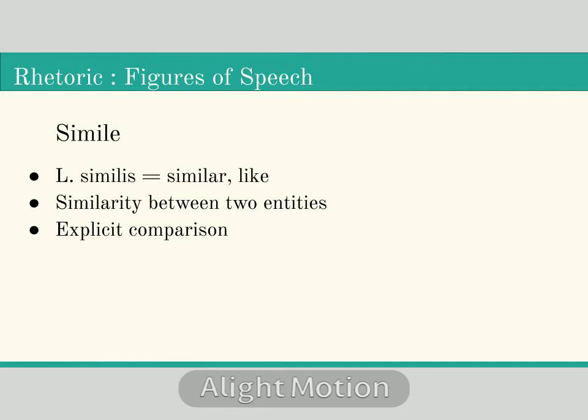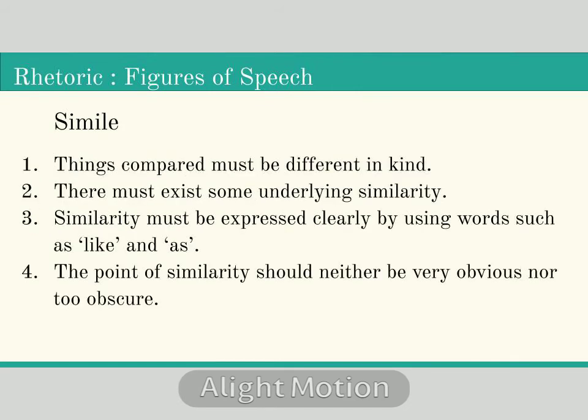We have learned that when trying to define simile, we need to remember a couple of points. Firstly, the things that will be compared in a simile, the different entities or elements or subjects, whatever we want to call them, those two things must be different in kind. They must be different from each other.